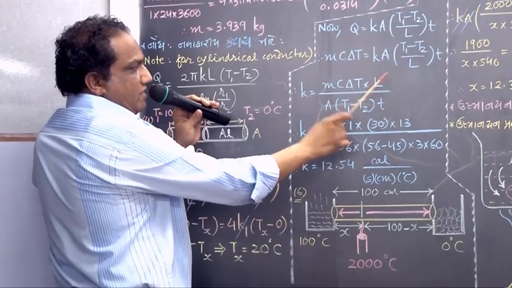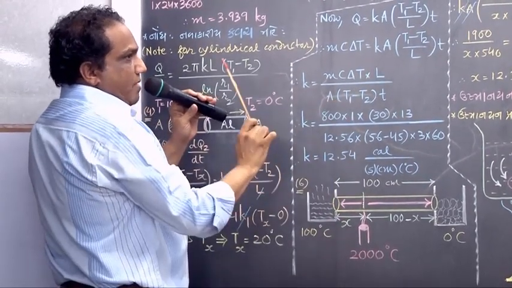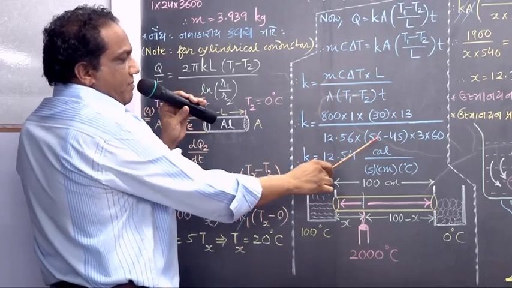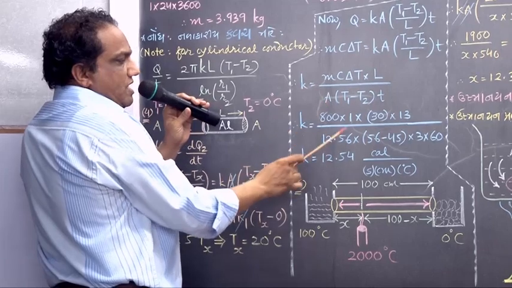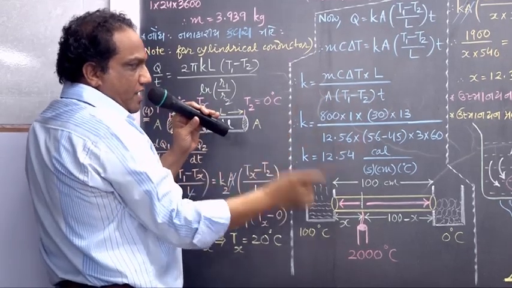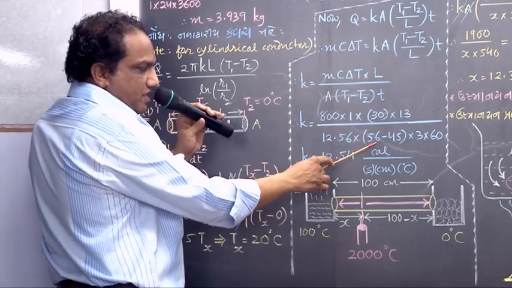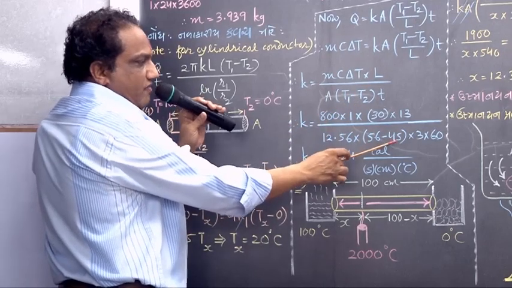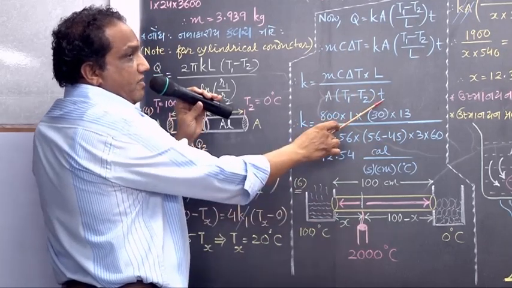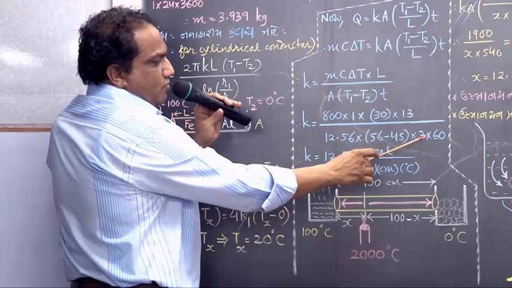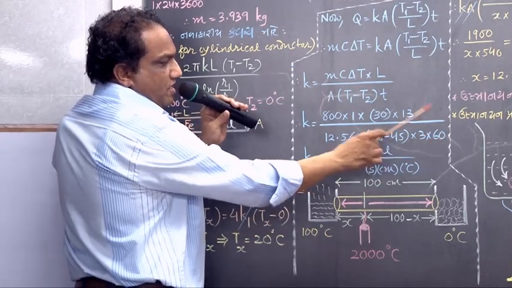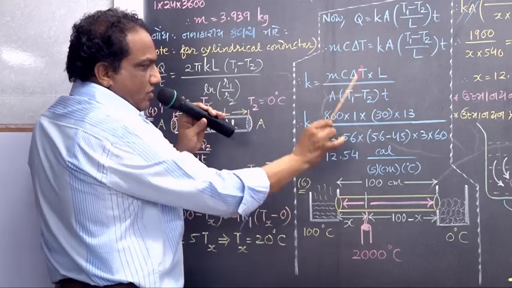Length between the two planes between which you are taking the temperature difference is given as 13 centimeter. Cross section area is 12.56 centimeter square. Higher temperature is 56 degrees centigrade, lower temperature is 45 degrees centigrade, and time given is 3 minutes. 1 minute is 60 seconds, so multiply the minutes by 60 to get the time in seconds. Simplify all the values.